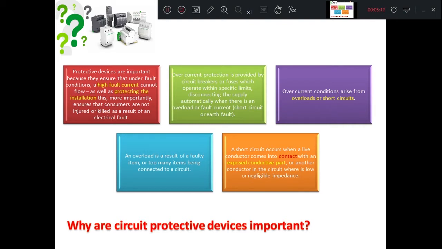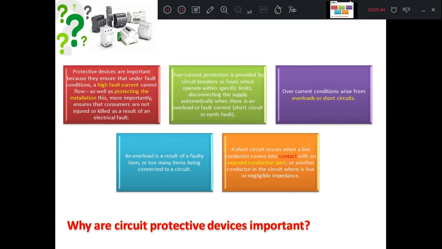That is what we call the overloading of the system. A short circuit occurs when a live conductor comes into contact with an exposed conductive part, or another conductor in the circuit, where there is a very low or negligible impedance, so that is what we call the dead short circuit.